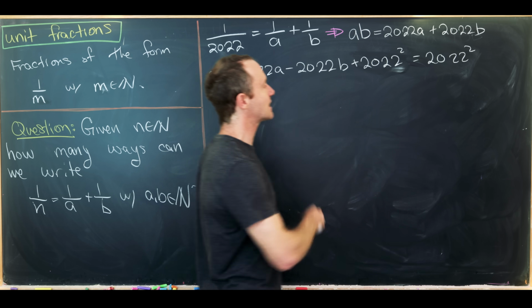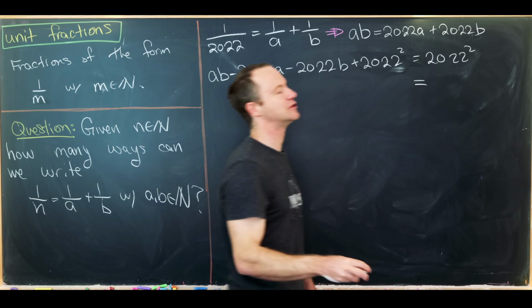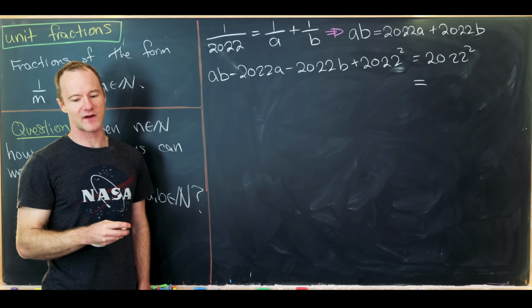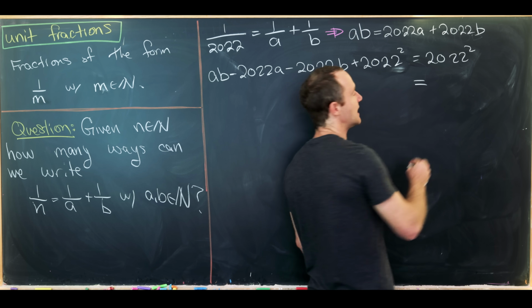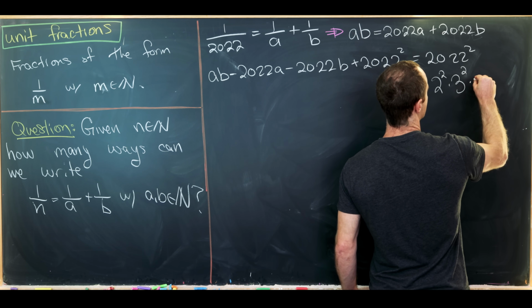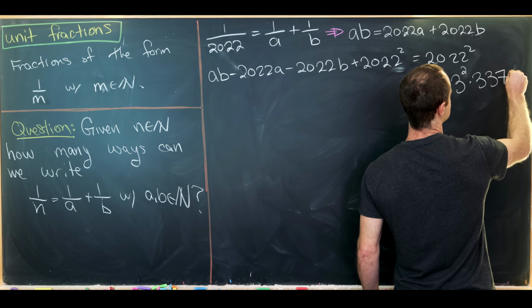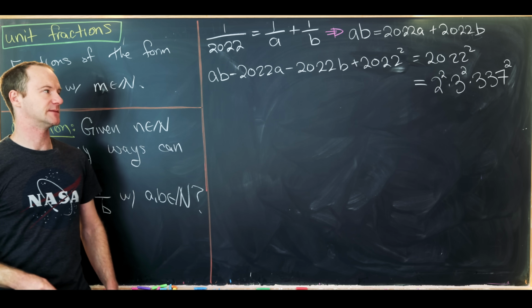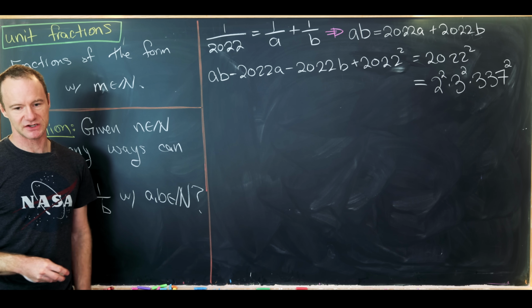And then I'd like to quickly notice that 2022 has the following prime factorization, which will give us the similar prime factorization for 2022 squared, and that is 2 squared times 3 squared times 337 squared. So 2 times 3 times 337 is the factorization of 2022.